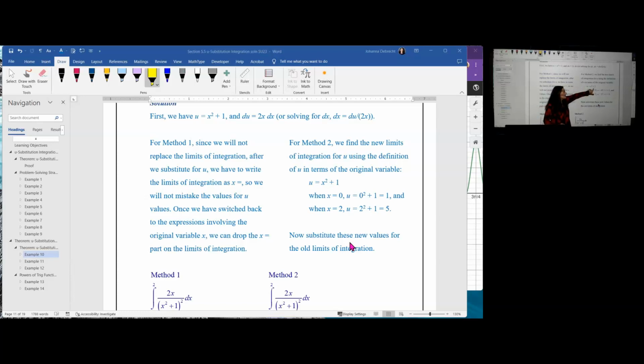So I replace the variable x with 0 to get 0 squared plus 1, which is 1. I'm going to replace the lower limit of integration x equals 0 with the limit u equals 1. For the upper limit of integration, which was x equals 2, I instead get 5.